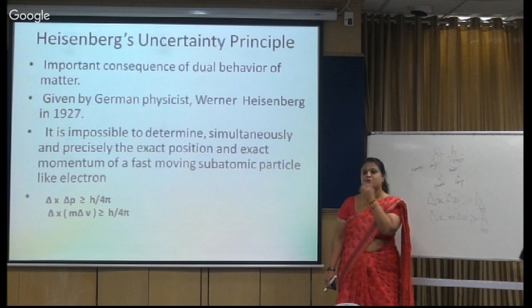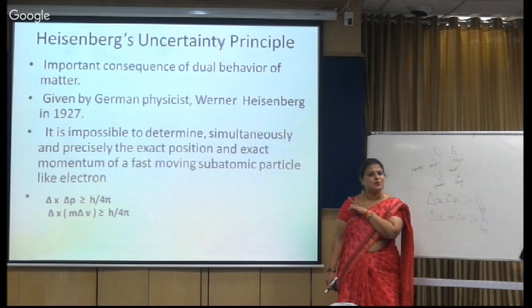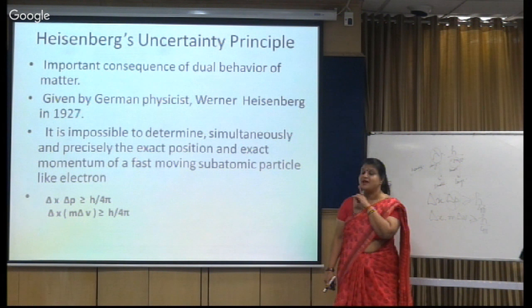Hence again, this principle is valid only for microscopic objects. De Broglie is valid only for microscopic objects, and Heisenberg's uncertainty principle is valid only for microscopic objects like electrons.